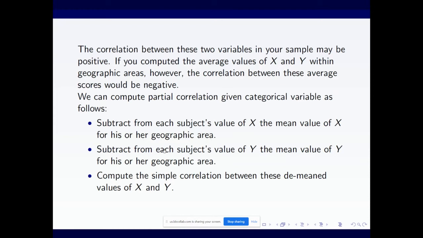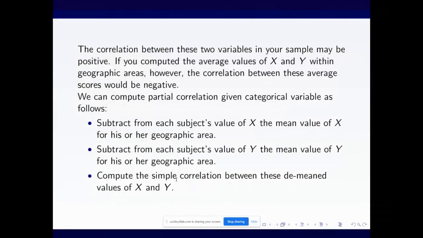And then we do the same thing on y: we subtract the subject's value of y minus the mean value of y within this geographic area. By doing these first two steps, you can remove the effect of the geographic area.